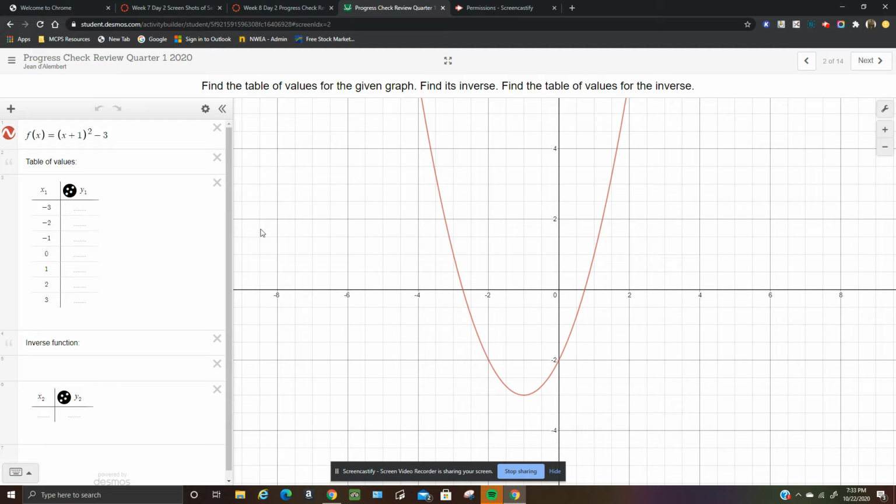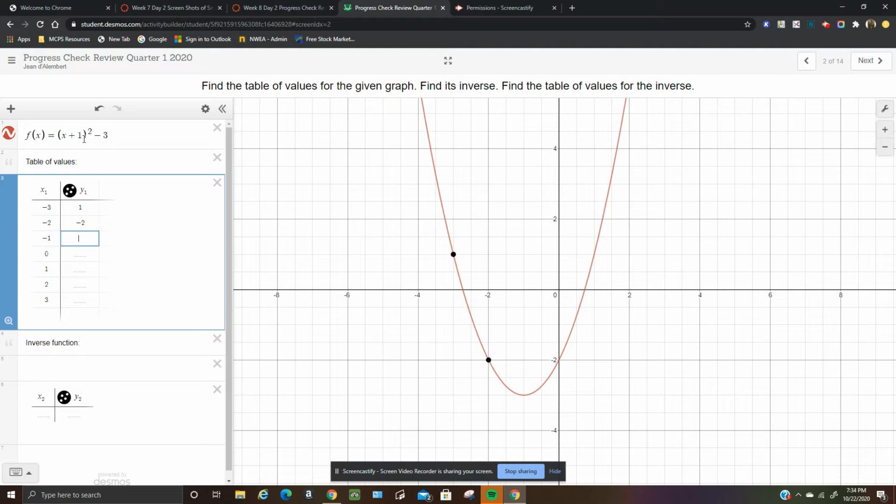So slide 2, if I plug a -3 in for x, -3 plus 1 is -2, squared is 4, minus 3 is 1. So the dot shows up there. And then negative 2 plus 1 is negative 1, squared is 1. So I get minus 2.